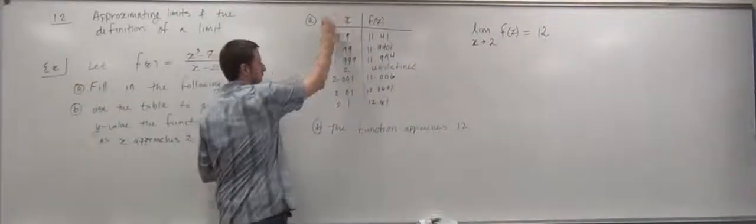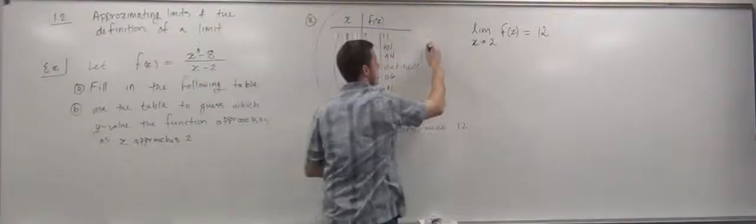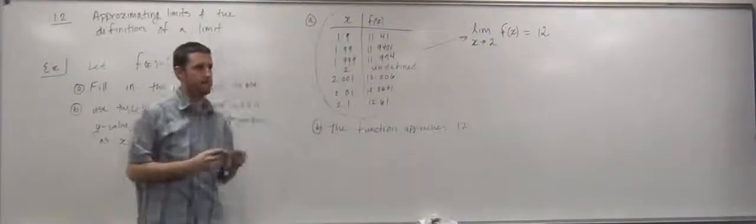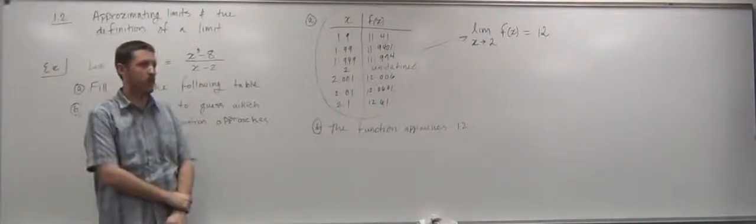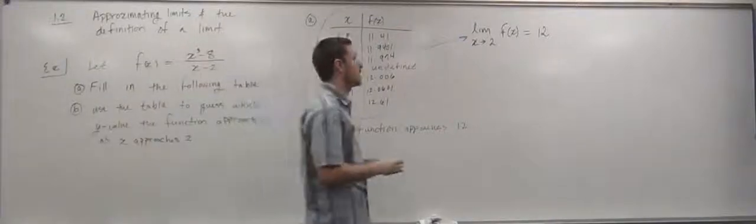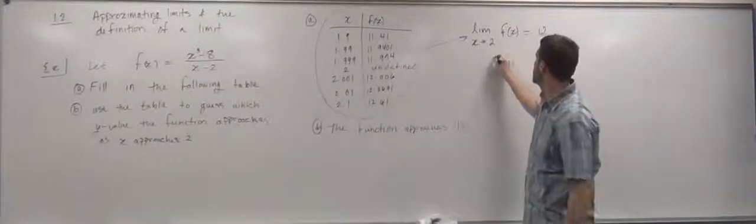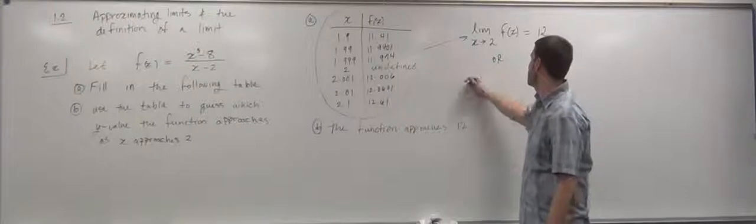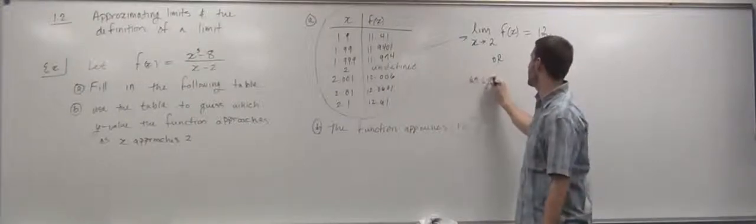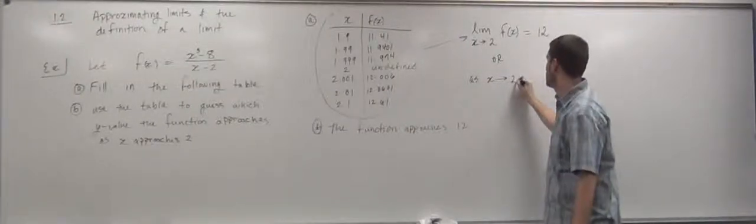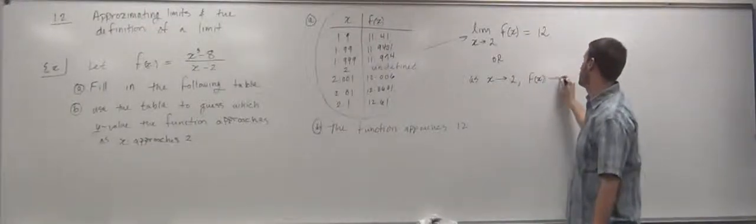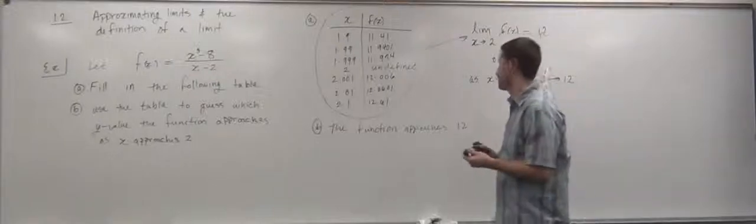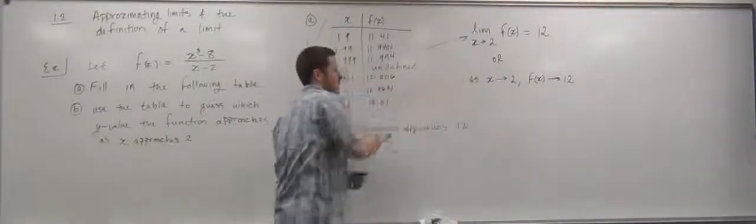So this behavior right here can be summed up with this statement: the limit as x goes to 2 of this function equals 12. Another way you can write that, you can put as x goes to 2 with a little arrow, f of x goes to 12. These are equivalent.